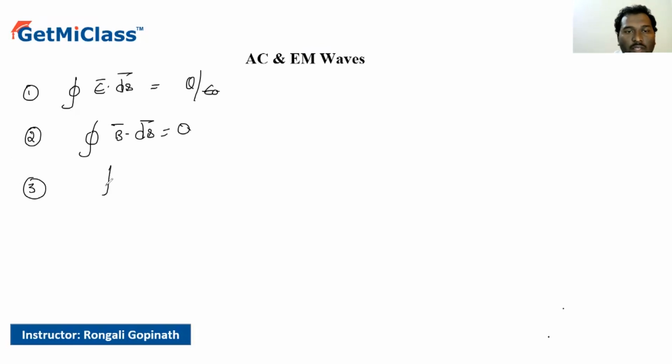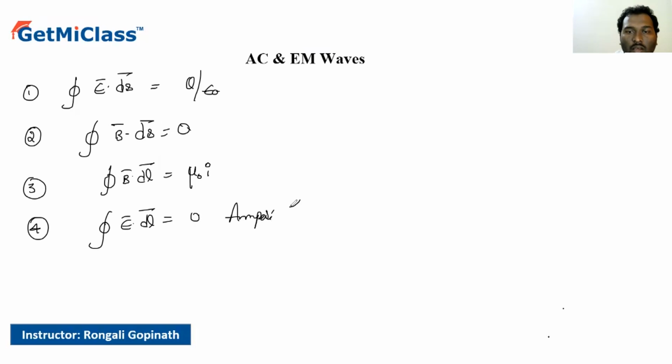Next one is Ampere's circuital law, that is integral B bar dot dl bar is mu naught into I enclosed. And the last one is integral E bar dot dl bar is 0. This is Ampere's law for electrostatics.